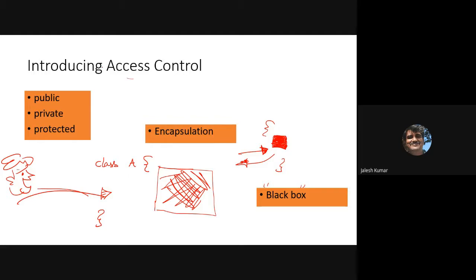What you define is completely encapsulated and it will control access. For some keywords it will allow, for some it will not. So the entire control in this concept is encapsulation.